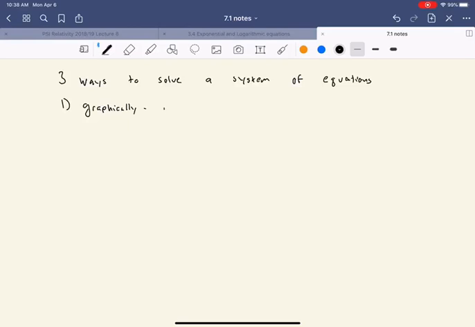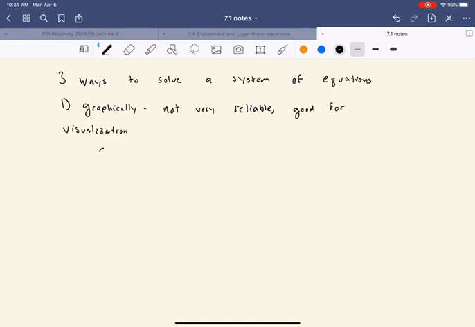It's not very reliable, but it's good for visualization. Of course, it's graphical, right? So let's go ahead and solve a system.